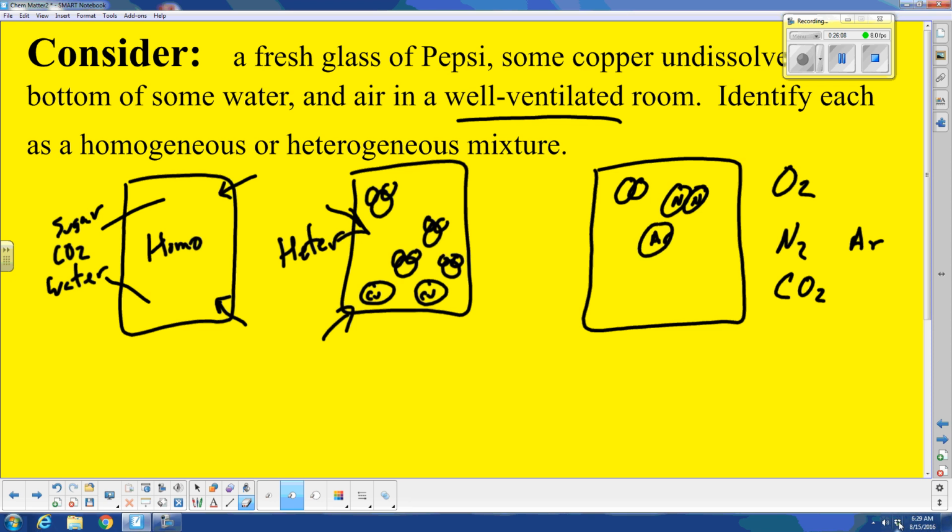And at the bottom, I'm going to have the same kind of arrangement, but they're going to be really spread out. And no matter where you sample, you're going to get some of all three, right? And so we would say this is probably going to be homogeneous.